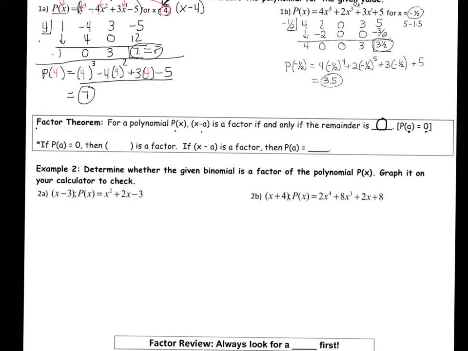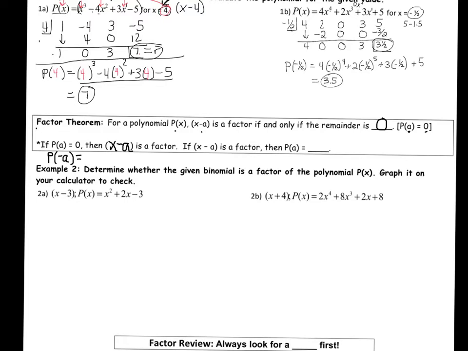So another way to write it is if p of a equals 0, then x minus a is a factor. If this is a positive number inside, then it was a minus inside the parentheses. The same thing would be true if p of negative a equals 0.